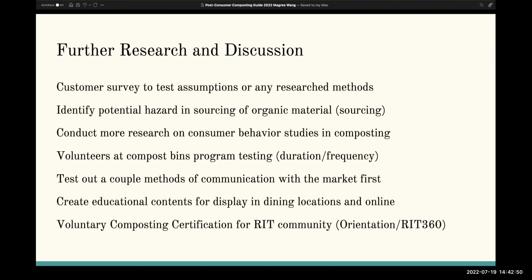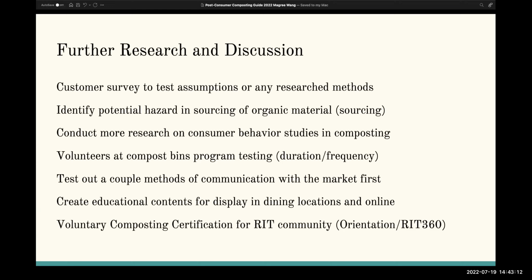Another thing is volunteers at the compost bins early on in the beginning of implementing the program. It would definitely be very helpful to have someone stand by the compost bins in dining locations to help people with sorting out the food and the recycling and the trash.